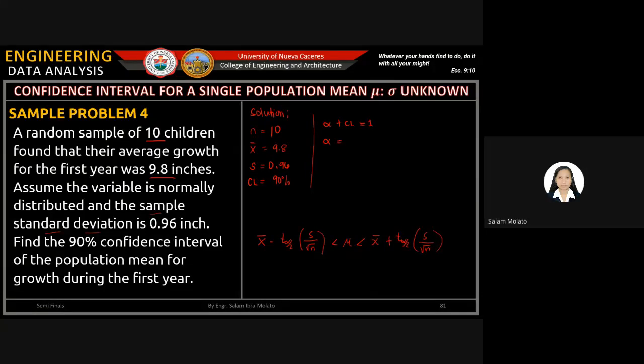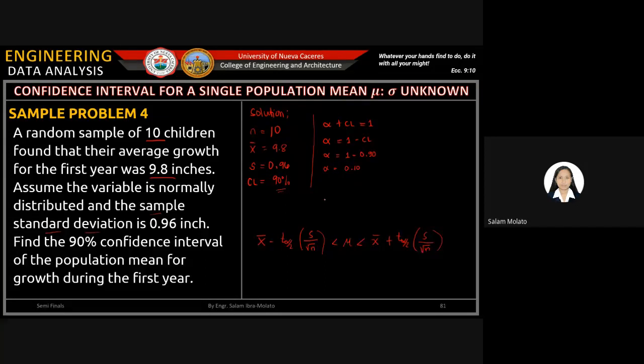Okay po? So this will become 1 minus CL. So alpha therefore is equal to 1 minus 0.90, since that is our CL, 0.90. Okay? So therefore our alpha is equal to ilan to?